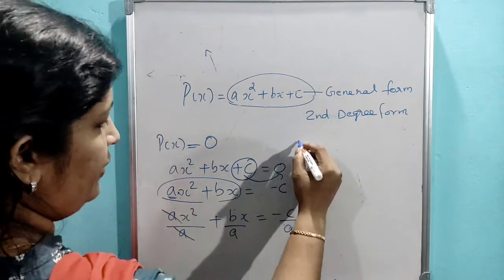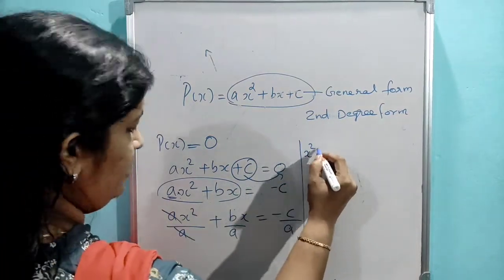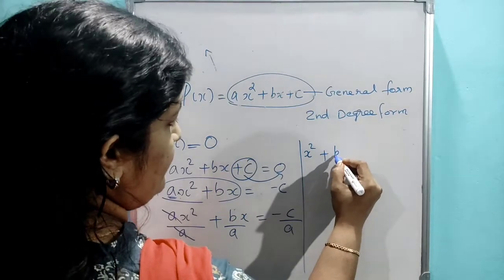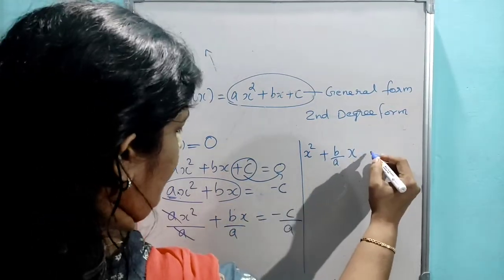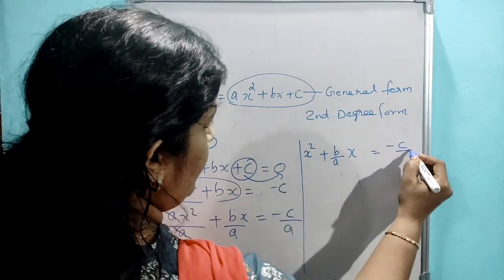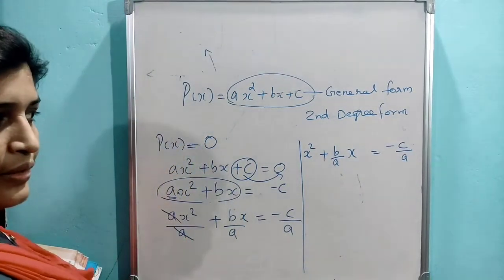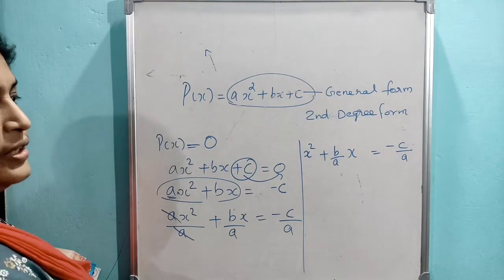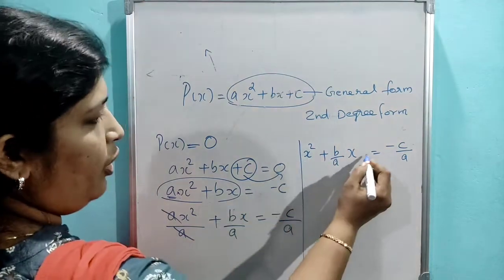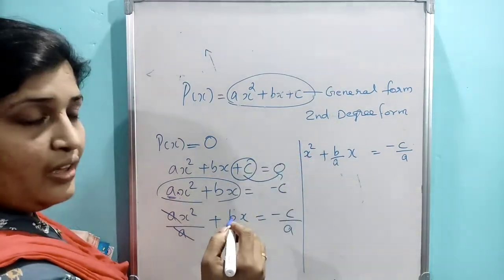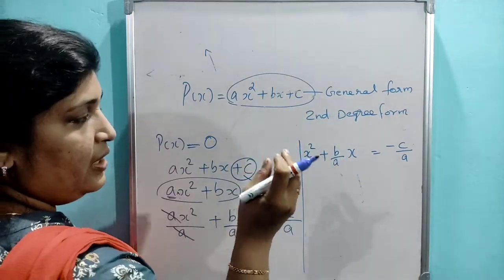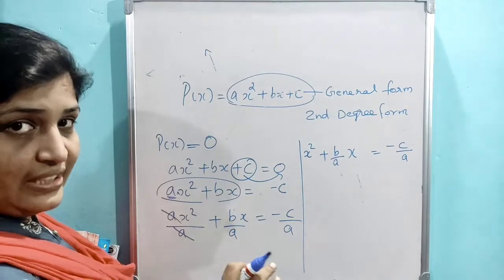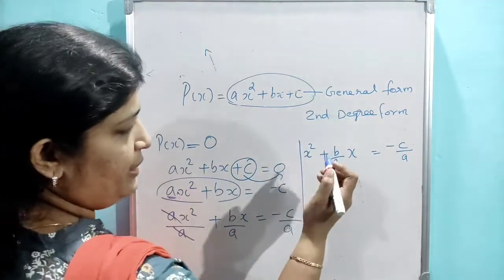So here we have x square plus b by a x is equal to minus c by a. Now the coefficient of x square is 1, so we can use the square completion method here.